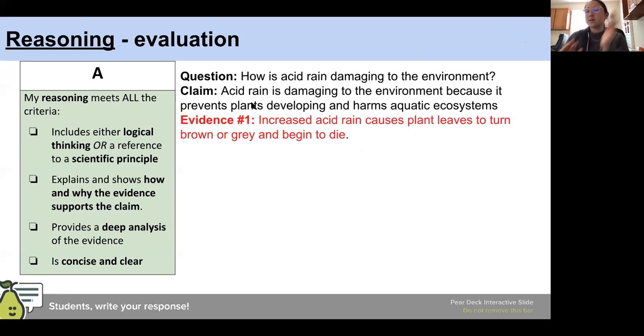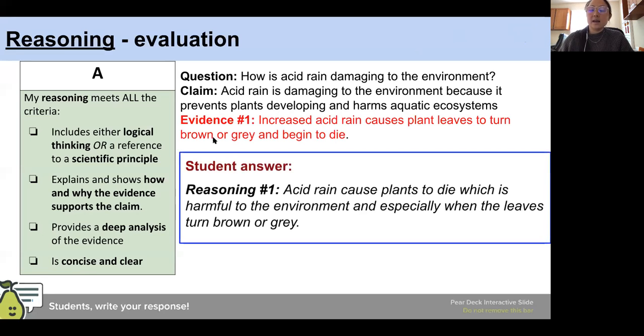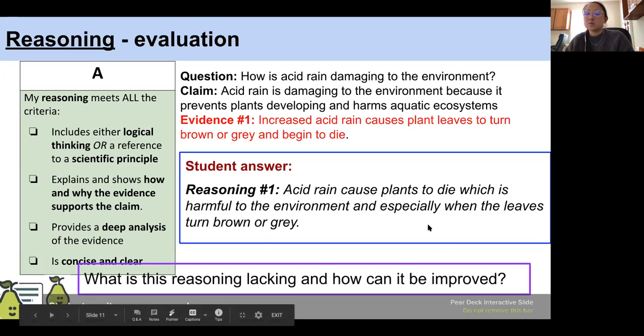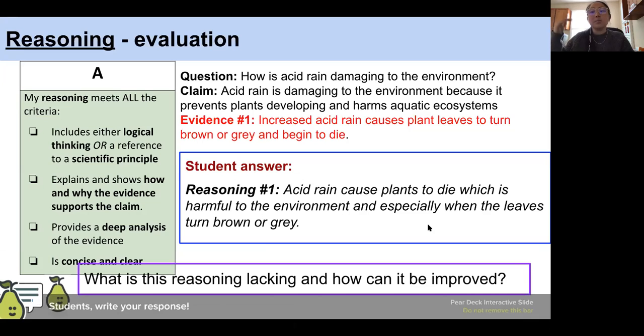That's a piece of evidence that we learned in class. Now, an example answer a student wrote is reasoning number 1: acid rain caused plants to die, which is harmful to the environment, and especially when the leaves turn brown or gray. So I asked the class, what is this reasoning lacking and how can it be improved to meet this A criteria?